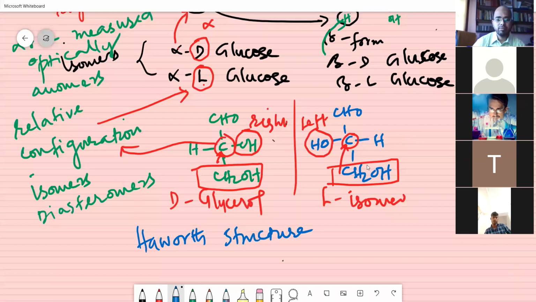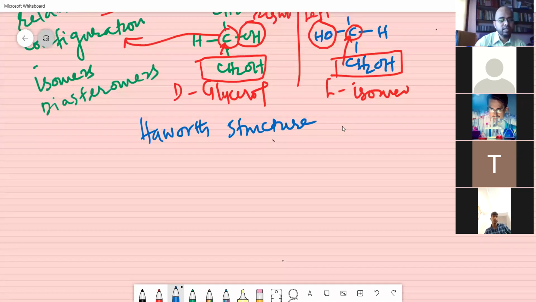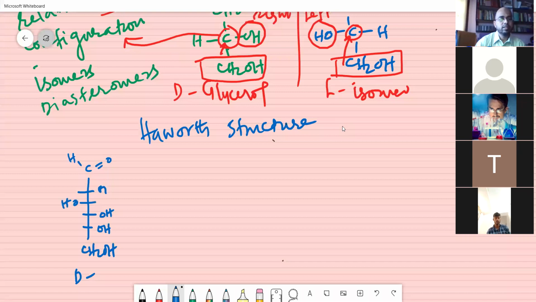So he used this formula of Haworth structure. We first write this glucose like this: C double bond O and H, and then 2, 3, 4, CH2OH. If the OH is on the right side, then it is a D form. Then I number it like this: 1, 2, 3, 4, 5, and 6.